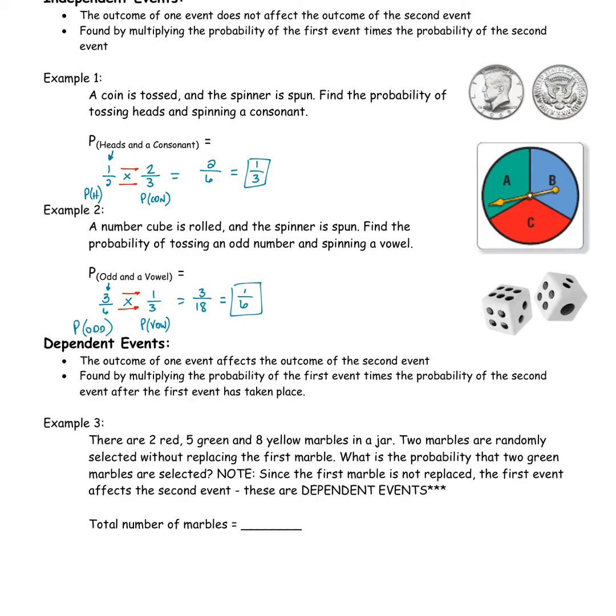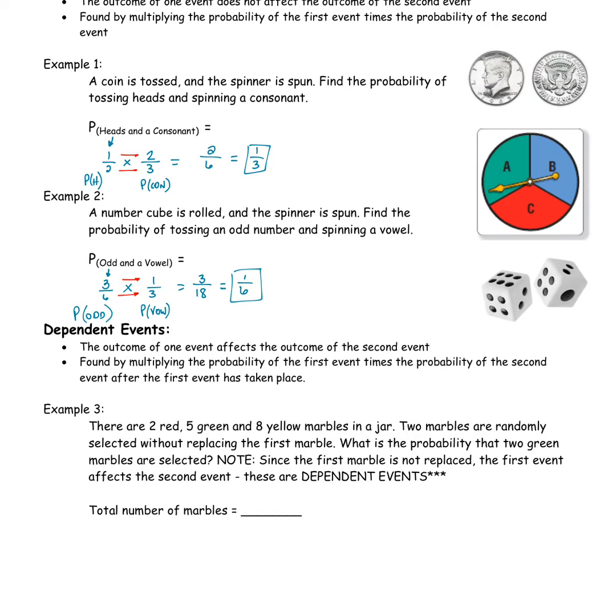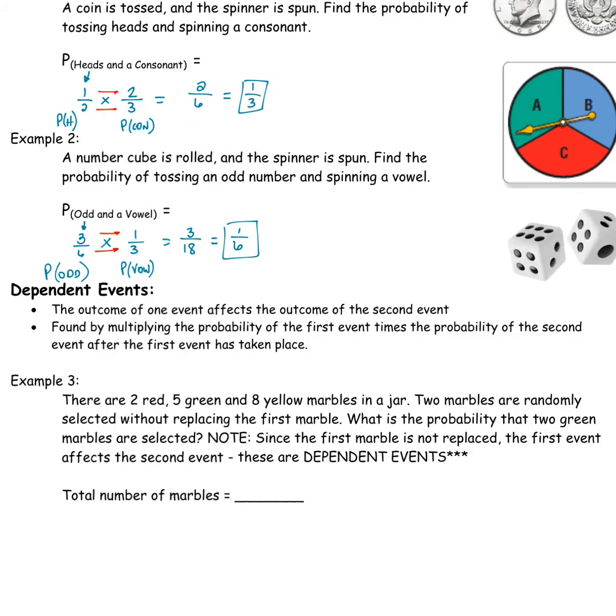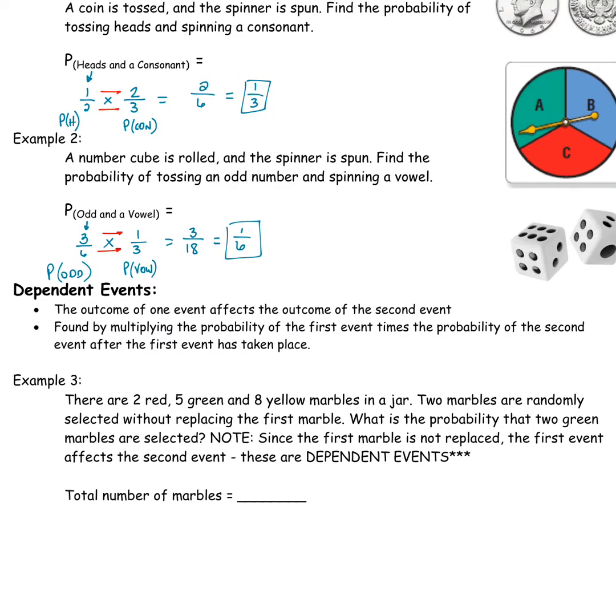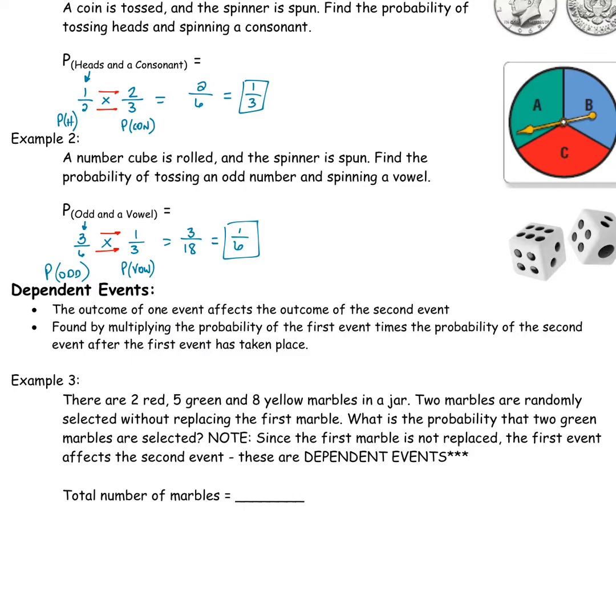Now, for a dependent event, one event is going to affect the second. We're going to find the probability of the first event times the probability of the second after the first has taken place. When we look at example 3 here, we've got 2 red, 5 green, and 8 yellow marbles in a jar.